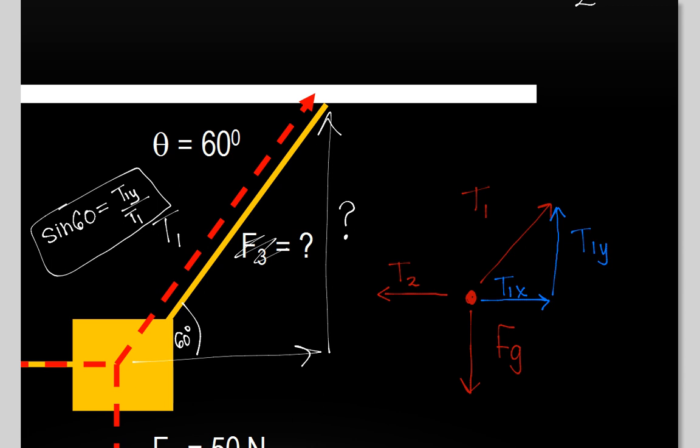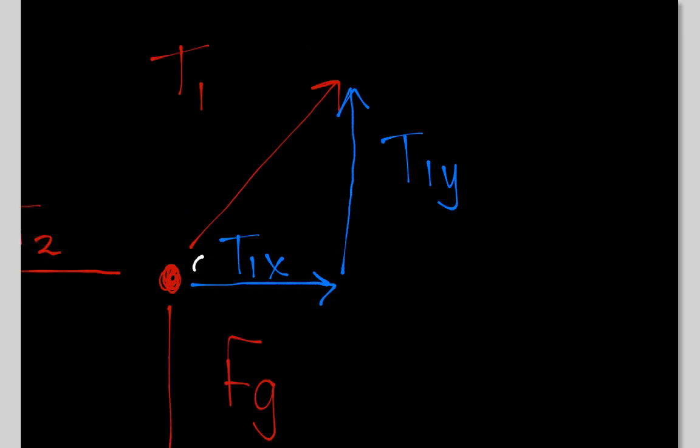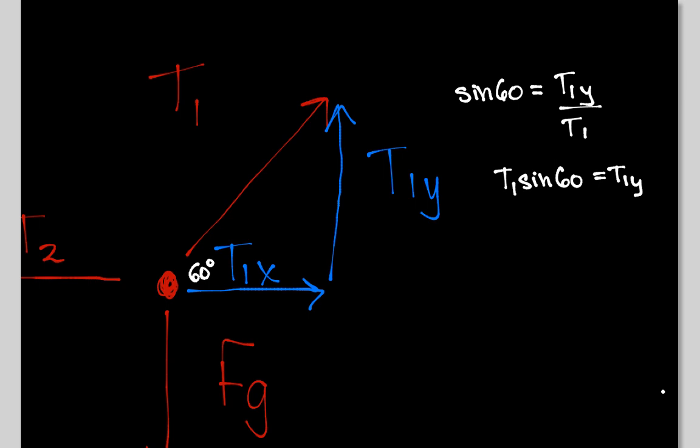I'm going to do it again over here on this free body. This one's 60. What formula relates sine of 60? That would be op over hype. T1y over T1. Solving for T1y, it's T1 sine 60. Okay, there's T1y.